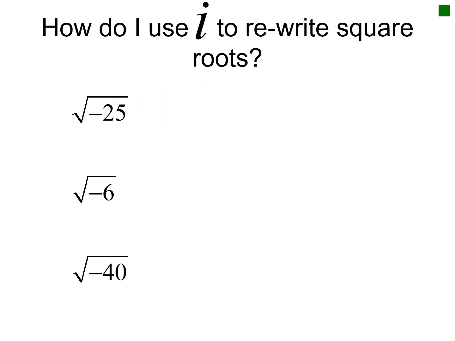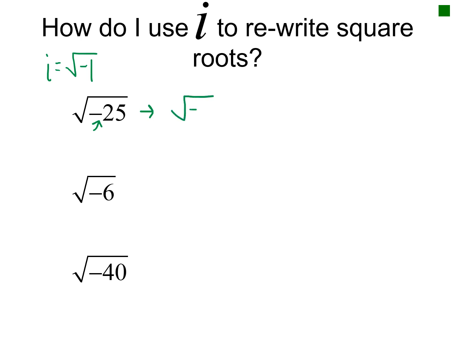So how can we use this information to help us solve different square roots? If we look at the examples, the square root of negative 25, well, first off, we can see that we have a negative sign under the square root, and we can't have that. So we want to think about trying to break up the square root. Since I know that i equals the square root of negative 1, I want to see if I can somehow take out a negative 1.